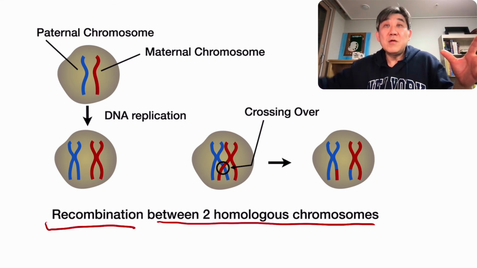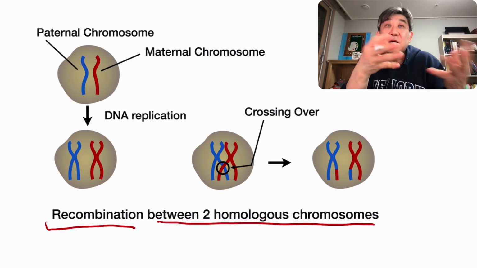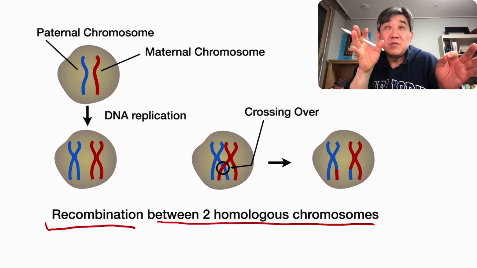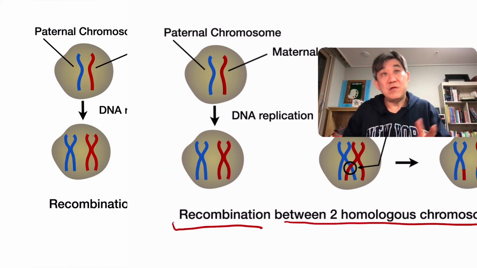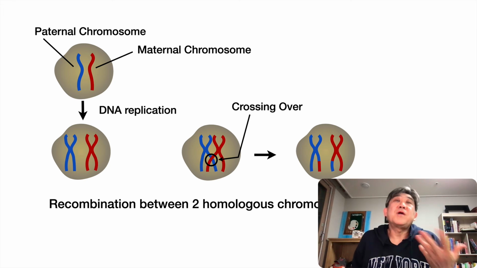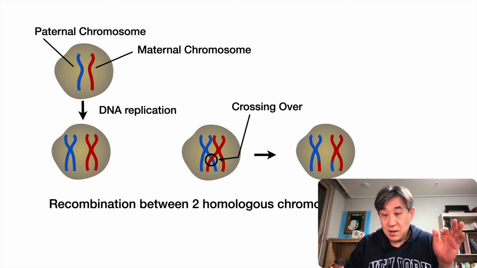Recombination will have an add-on effect and make this assessment a little bit inaccurate. It's not a game changer. Even with recombination you can have a fairly accurate estimation, but ideally speaking.